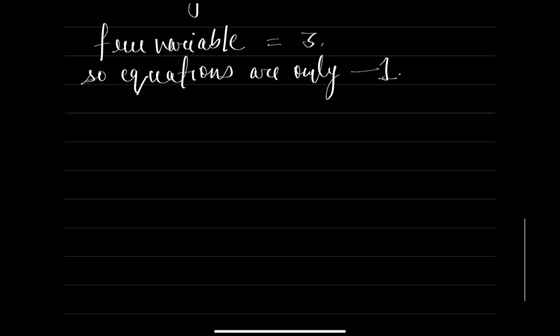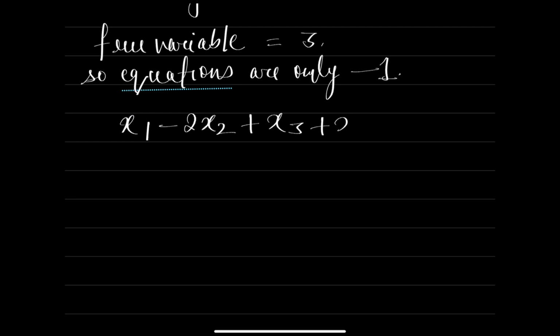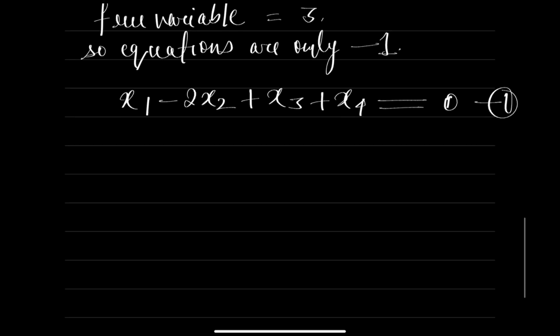We have one equation with the help of the non-zero row, which is x1 minus 2x2 plus x3 plus x4 equals 0, which becomes equation 1. So we have one equation and 4 variables, out of which 3 are free variables. We can take any 3.